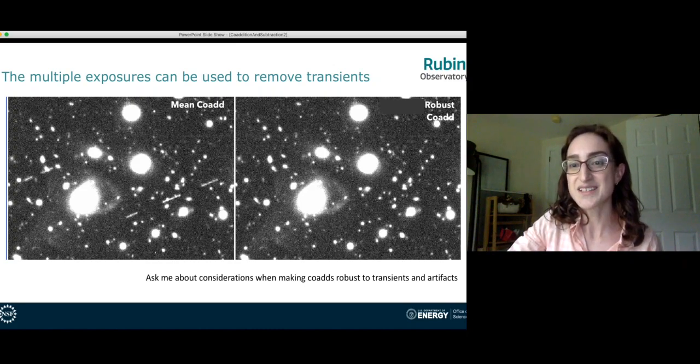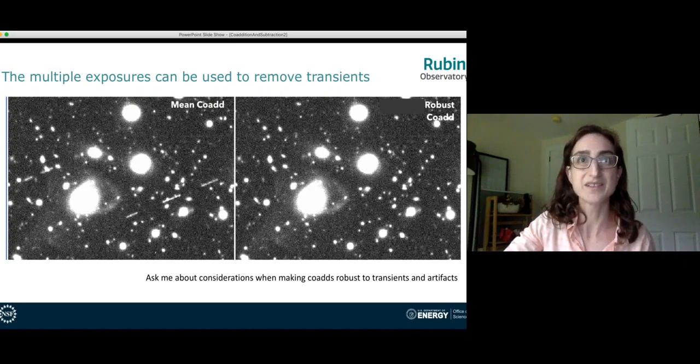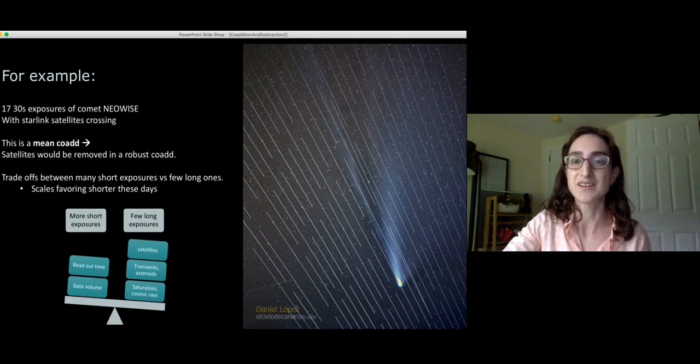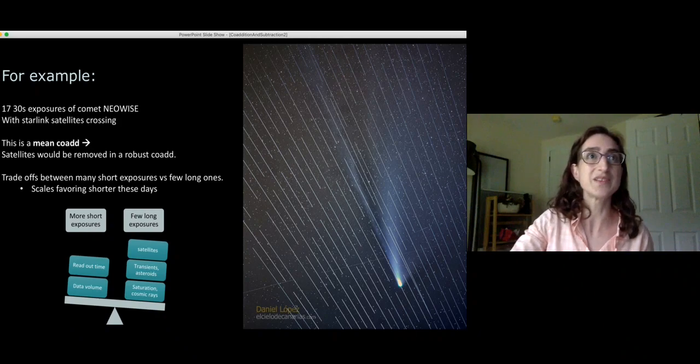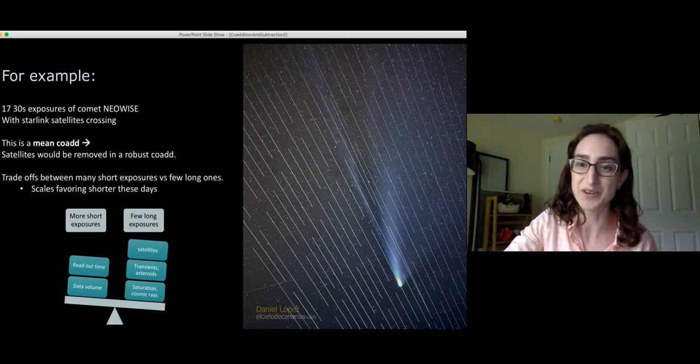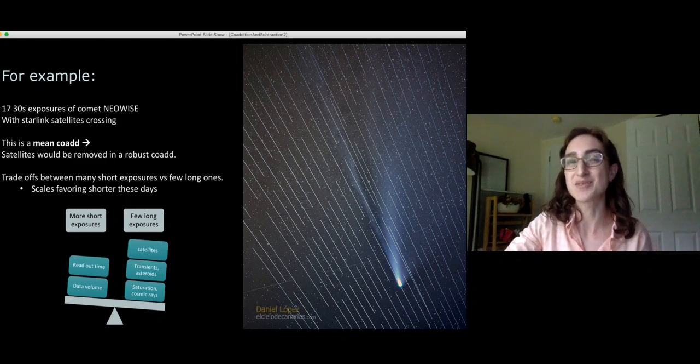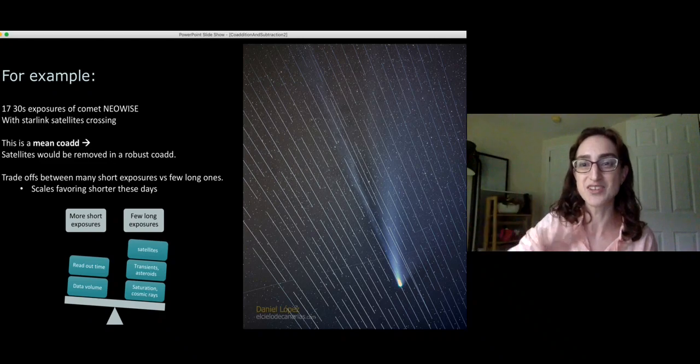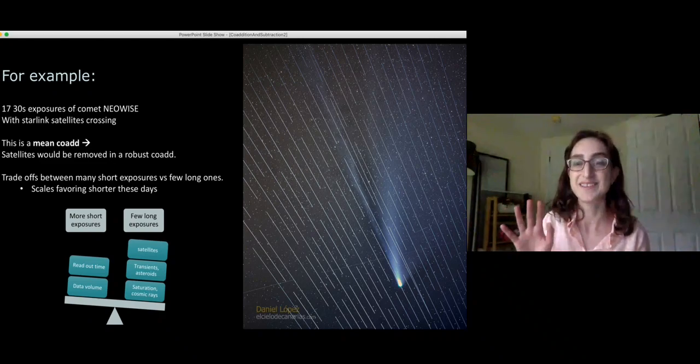As another example of a reason to take many short exposures are satellite trails. In this example, you see this image floating around Twitter recently. This is 17 30-second exposures of the comet Neowise, and this image is a mean coadd. That is, it did not use a robust statistic.